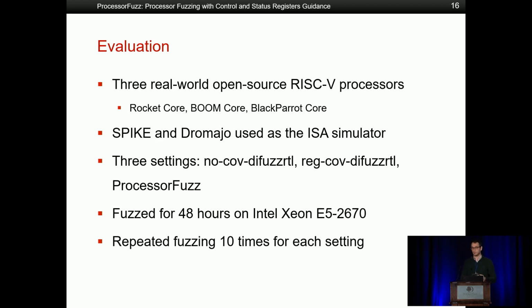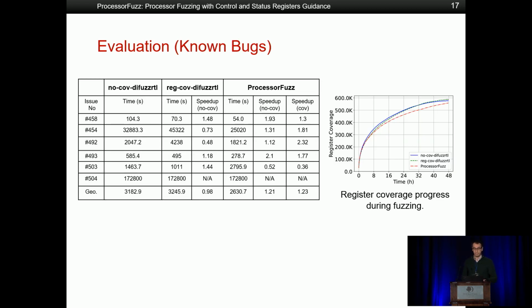We fuzzed for 44 hours and repeated the experiments 10 times since fuzzing is quite indeterministic. We tested our approach on known bugs first, specifically from Rocket and Boom Core, and observed that compared to no-cov DifuzzRTL and reg-cov DifuzzRTL, we achieved 1.21x and 1.23x speedup respectively.